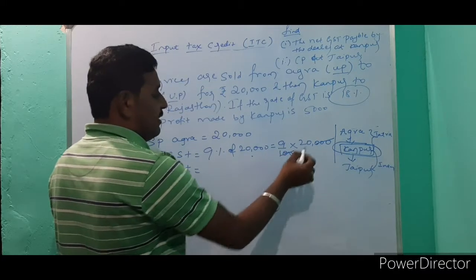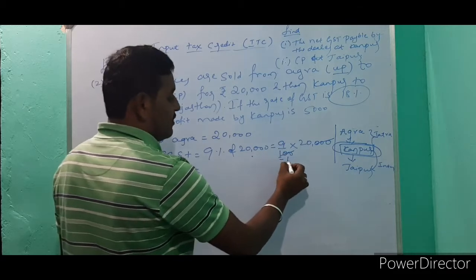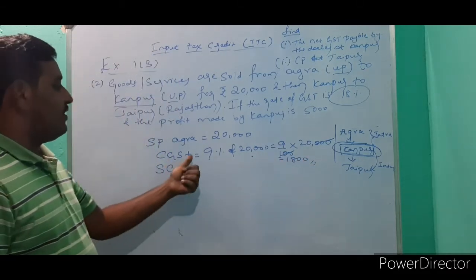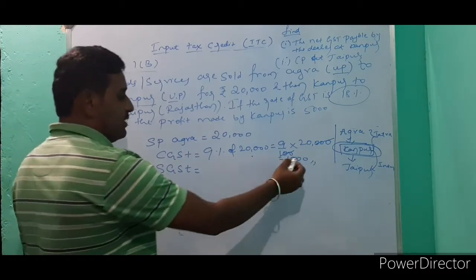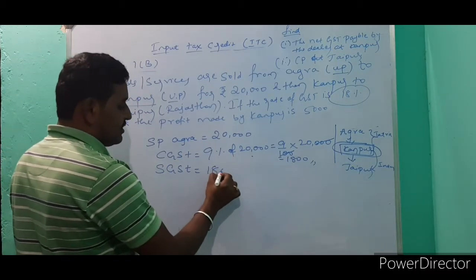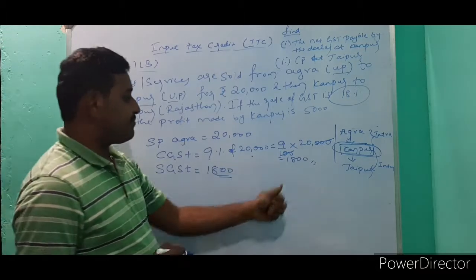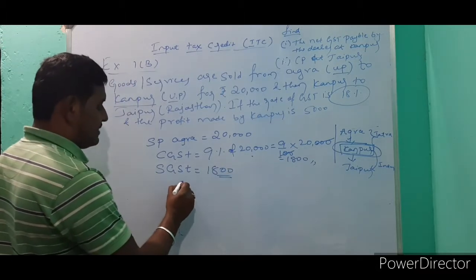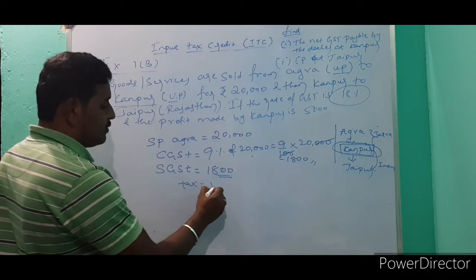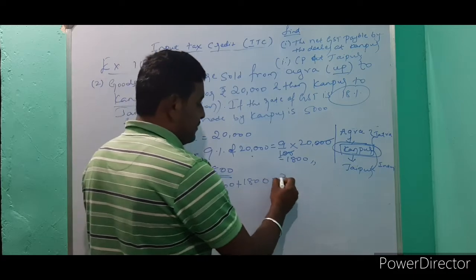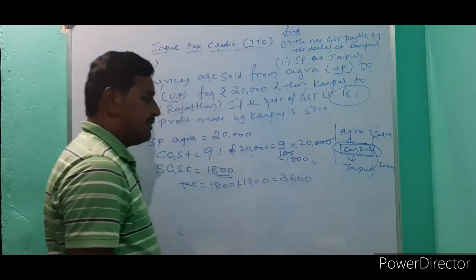The 20 gets cancelled, and you will get 1,800. That is the CGST of Agra, 1,800. SGST is also the same. So the total tax is 1,800 plus 1,800, which is equal to 3,600.